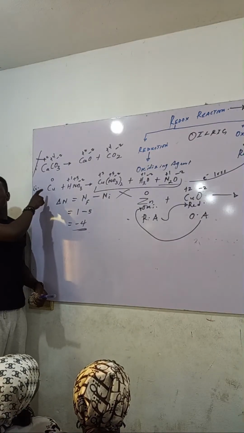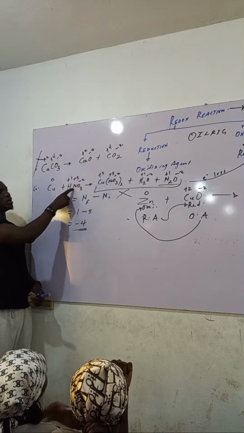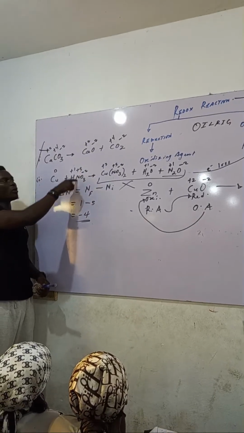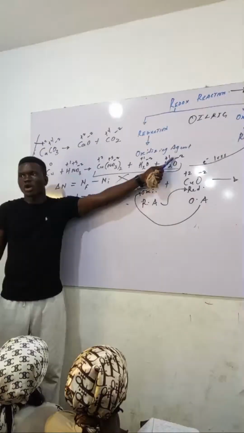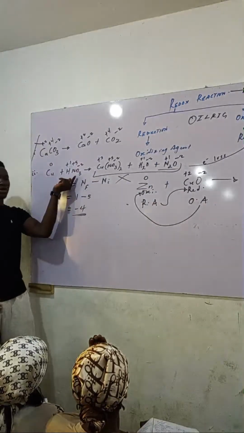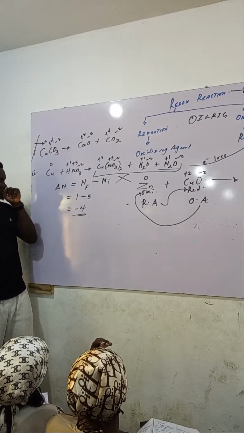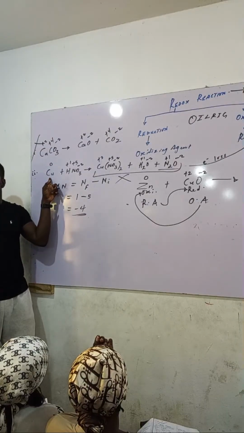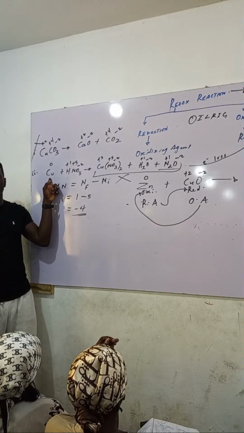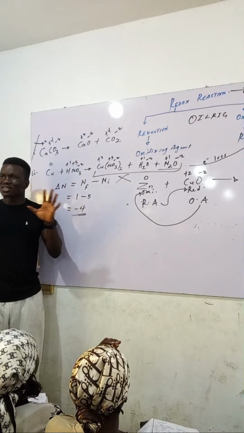Copper is undergoing oxidation because it's going from 0 to plus 2. You can see nitrogen here going from +5 to +1. That's reduction. So this guy is undergoing reduction, and this guy is undergoing oxidation. So this guy is the reducing agent, and this guy is the oxidizing agent. Do you understand it now?